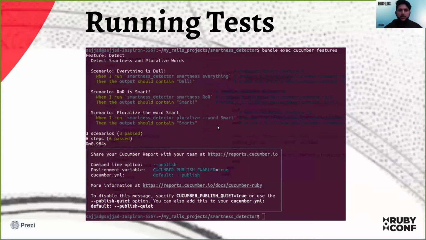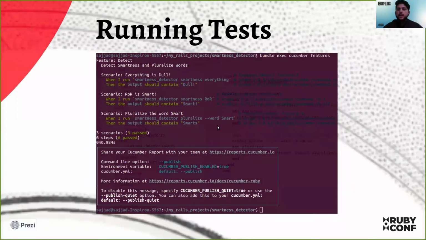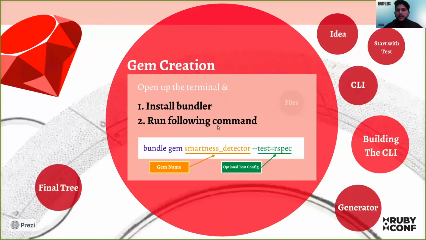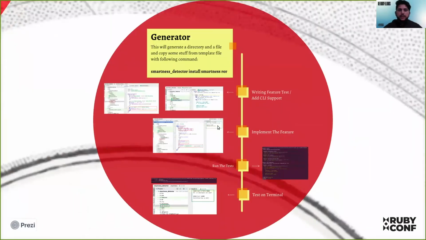We can run all three of these commands and these will run without an error. Now we have a CLI. We should add generators. Generators are basically initializers, or you can say they help us generate some files in our gem.